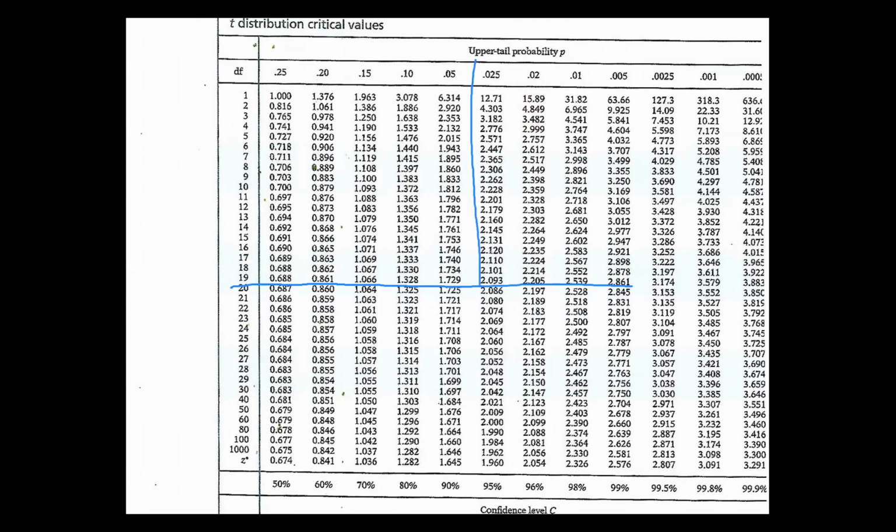This is a T. Once you have the degree of freedom, you are dealing with the T. Did you get it? So this is the critical value, 1.729. Anyway, let me share the board since we are concluding.